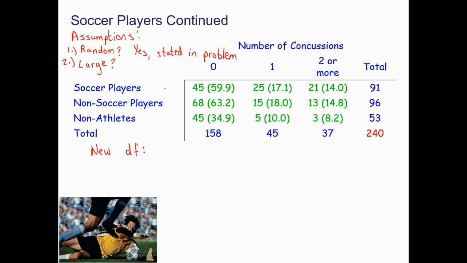How many rows do we have? 3, so 3 minus 1, times how many columns do we have now? 3, but then when we take 1 out, we're left with 2. That's right. So it's going to be 2 times 2, which is 4. So we lost 2 degrees of freedom when we had to combine that column. Now we only have 4 degrees of freedom.